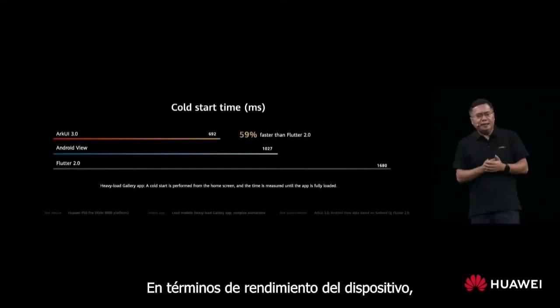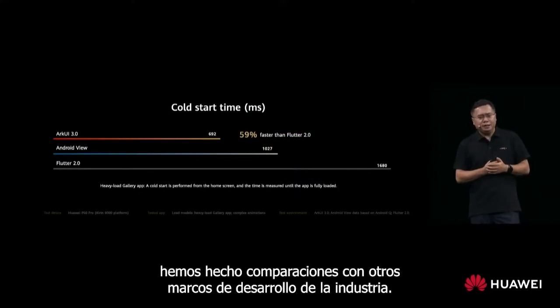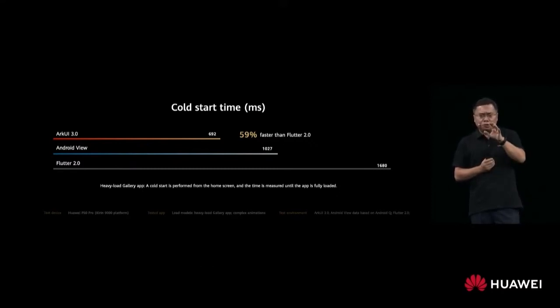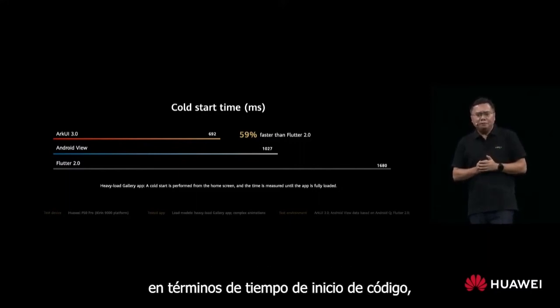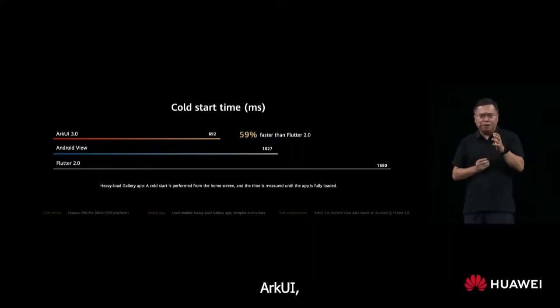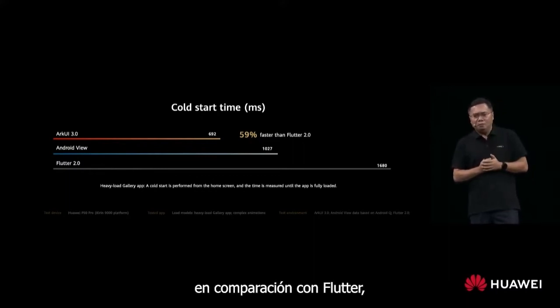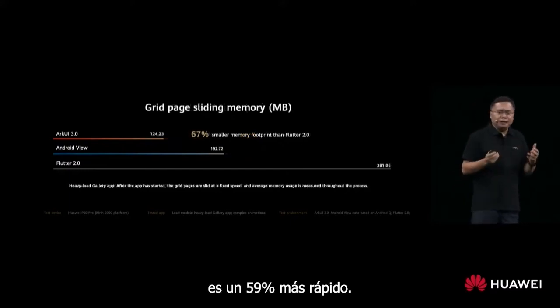In terms of device performance, we made comparisons with other mainstream development frameworks in the industry. Take a heavy load app, a gallery app development. In terms of code start time, the Arc UI compared with Flutter is 59% faster.